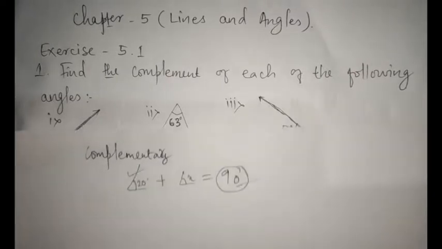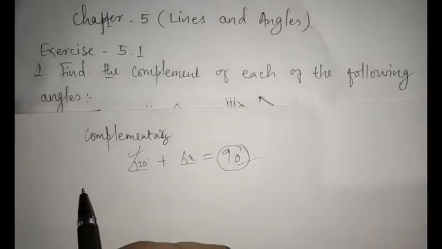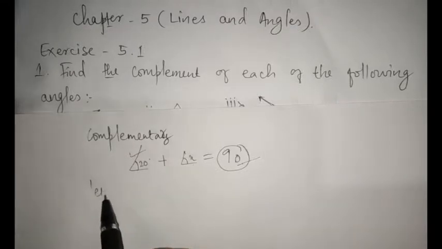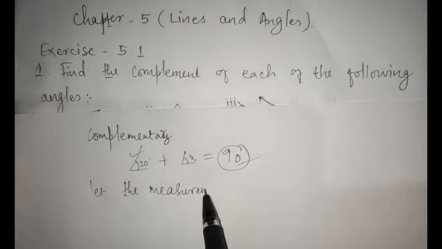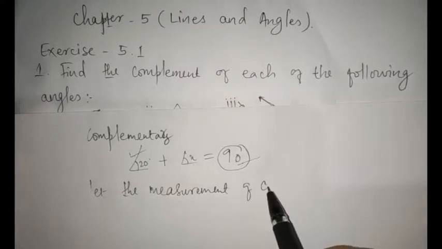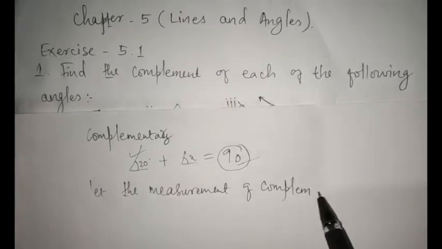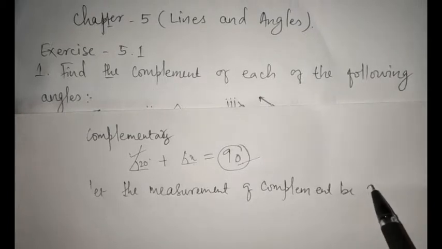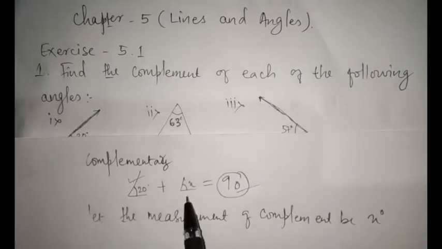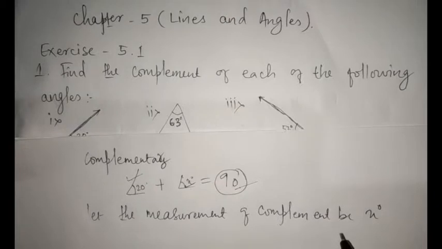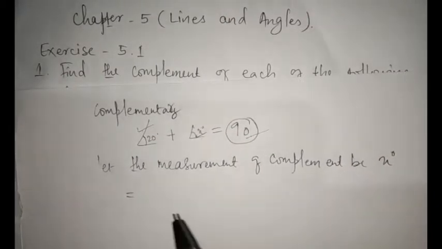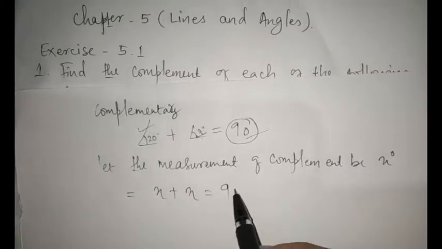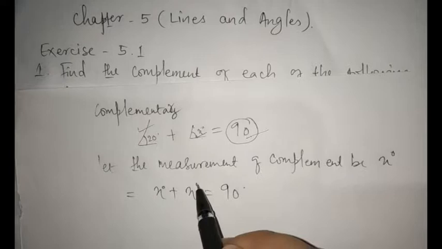So what we are going to do here is let the measurement of the complement be x degrees. We don't know the other angle, so I have taken it as x degrees. According to our knowledge of complementary angles, the sum of the pair of angles is 90 degrees.